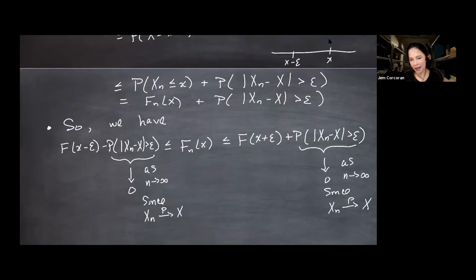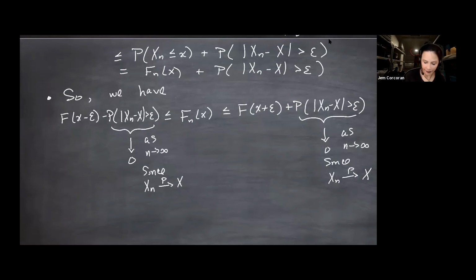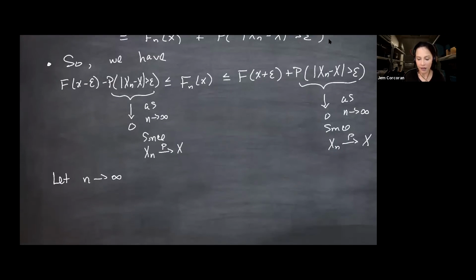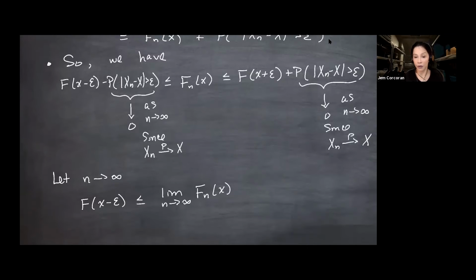And so if you let n go off to infinity, on the left side of this big inequality, we get F(x) minus epsilon. In between, I'm going to write this limit, but this doesn't really make sense. I'm trying to take the limit as n goes to infinity all the way across here. Let me just finish writing this and I'll tell you why.